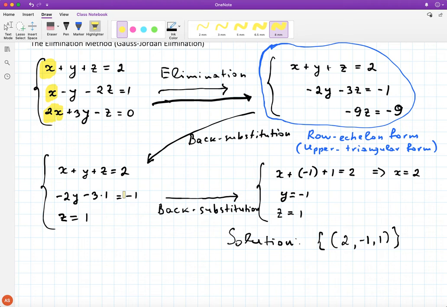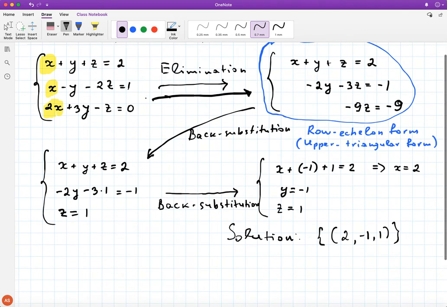To eliminate x from the third equation, we would need to subtract from the third equation the first equation multiplied by 2. Let's carry out these calculations. Also, I will be indicating at each step what exactly we are doing.